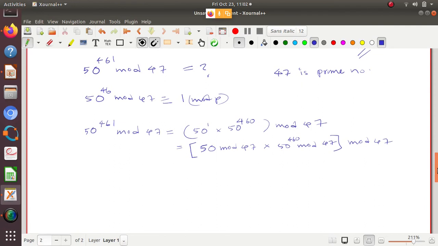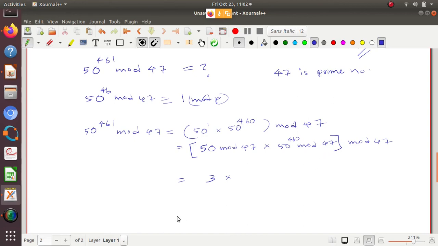So this will be like this, and 50 mod 47 will become 3, into, what will be the value of 50 to the power 460 mod 47?